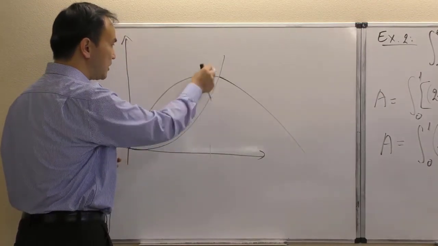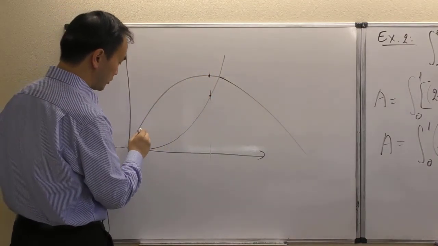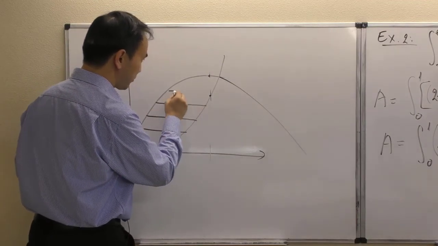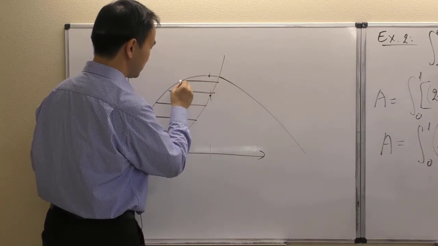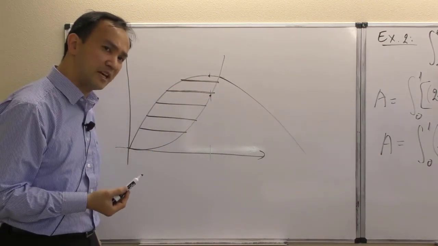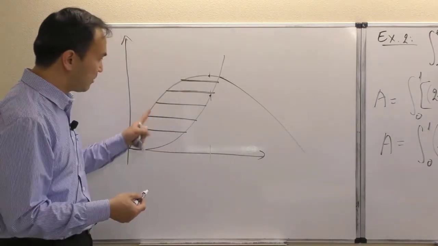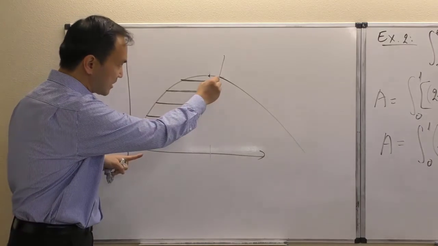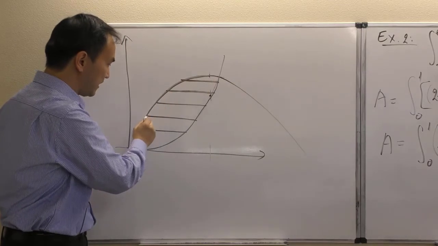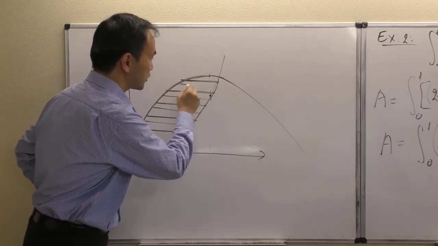So what if we chose a horizontal stripe in this case? If we chose horizontal stripes, then the stripe looks like this. In this problem, if we chose the horizontal stripe, it's not as bad. It's not as effort costly as example 1, because it's still one same curve on the right hand side and one same curve on the left hand side, no matter where you place your horizontal stripe.